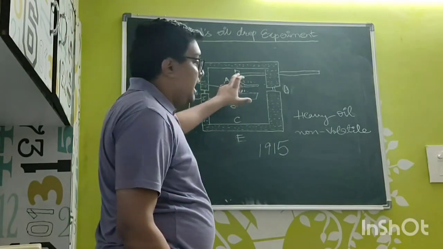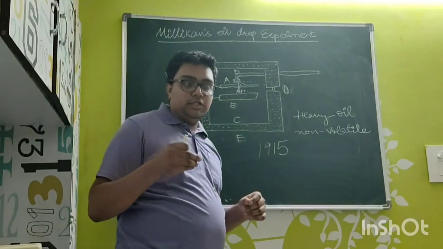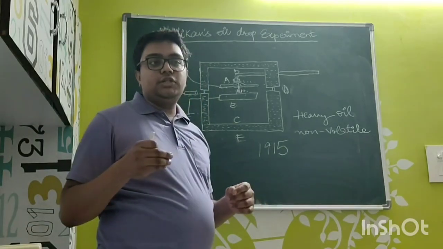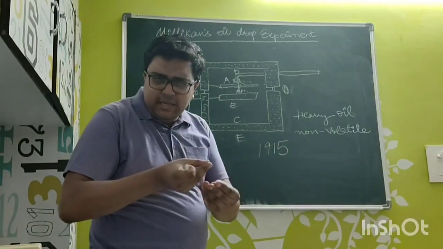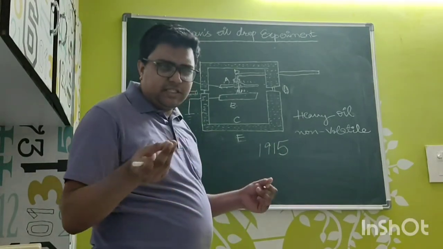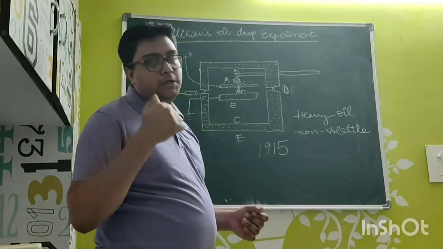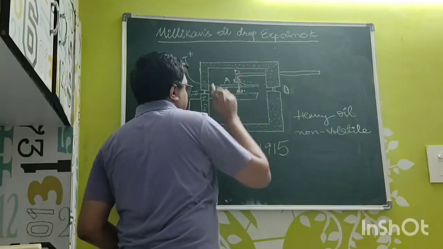Atomizer is an instrument which converts a liquid into a fine mist of the liquid. So this fine mist, small spherical droplets, is produced by this atomizer.